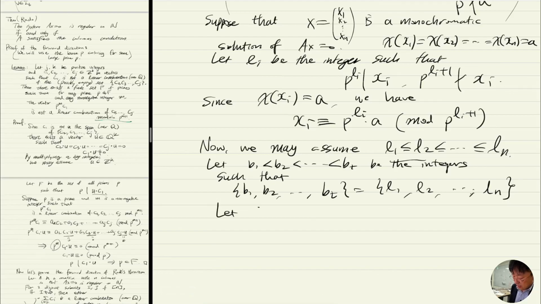And let Ij be the set of indices such that lj is bi.